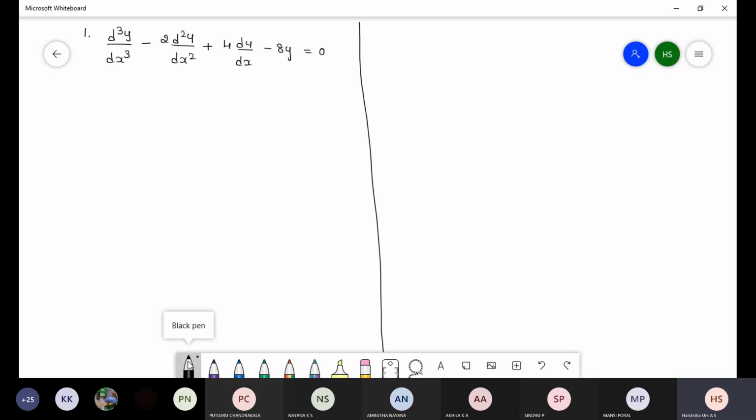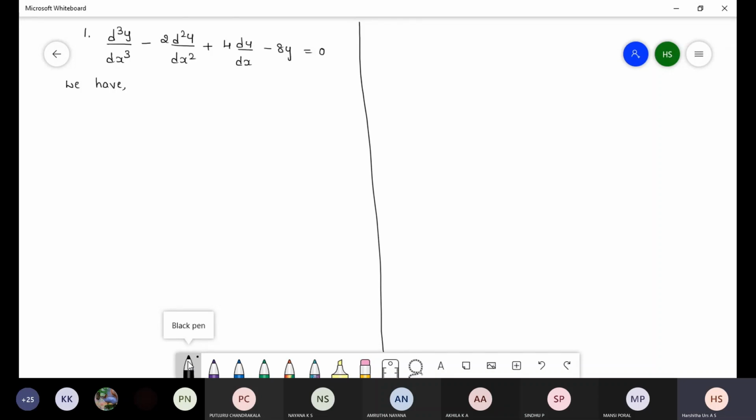What do we have to do? Start the solution. In yesterday's class, soon after the differential equation form, I had given one notation, that is the differential operator.